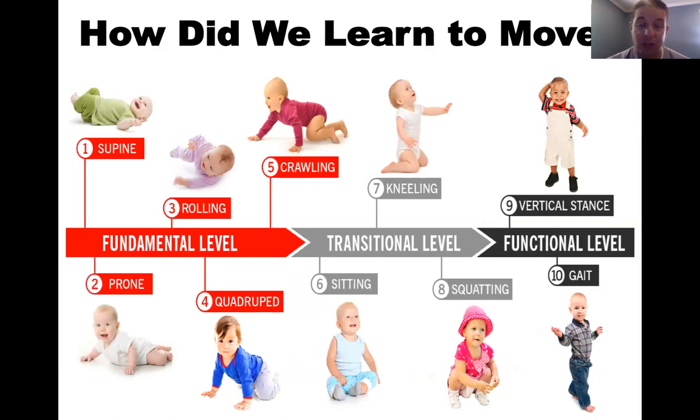That's their transitionary position to get them up into squatting so they can pull themselves up into standing. And then once they're up and standing, that's when we get them on the move and start to walk. The problem is, after 21 months, we no longer have standards for movement. That's where the movement screen comes into play.